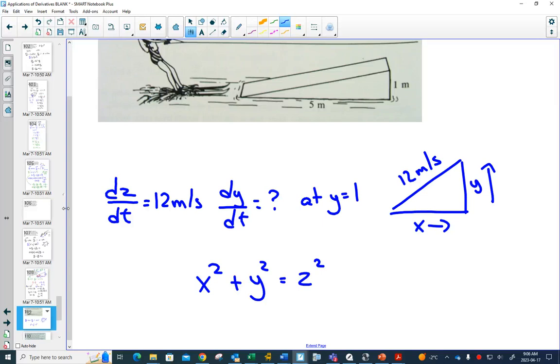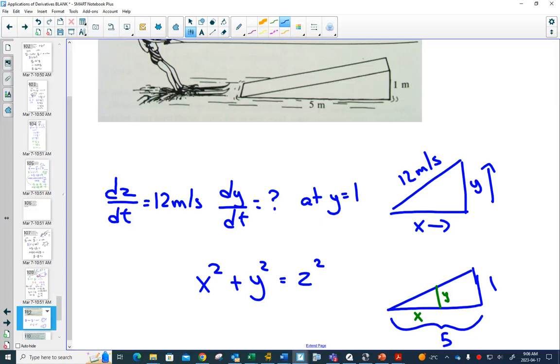So this question also requires that we use similar triangles. And the way that we use similar triangles is if we take this ramp and we imagine they are somewhere along there where this is x and this is y, but the ramp has an overall situation like this, we just created a similar triangle.